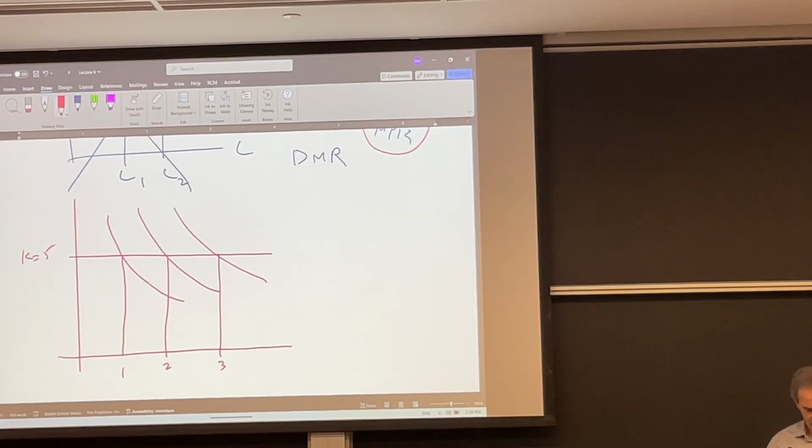The capital is 5. I use 1 labor, then 2 labor, then 3 labor. That pushed me up across 3 different isoquants. This is Q1, this is Q2, this is Q3. I don't know what Q3 is. Make sense?